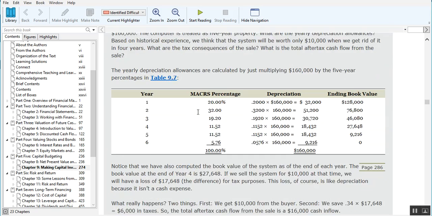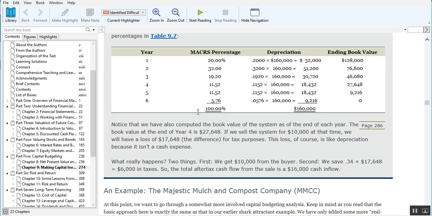Now, it can happen the opposite way too. Here they have an example where they have computer equipment that they've acquired for $160,000, and they depreciate it over 5 years, so that they get down here to year 4 and they decide to sell the equipment. They have a book value on the asset of $27,648.